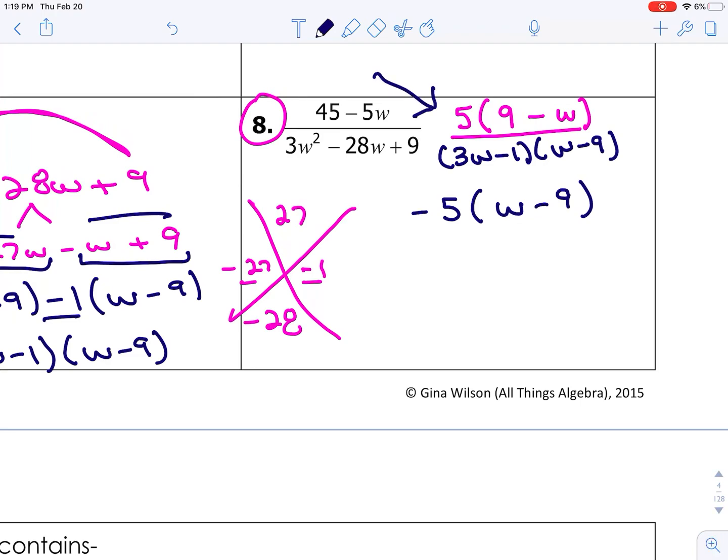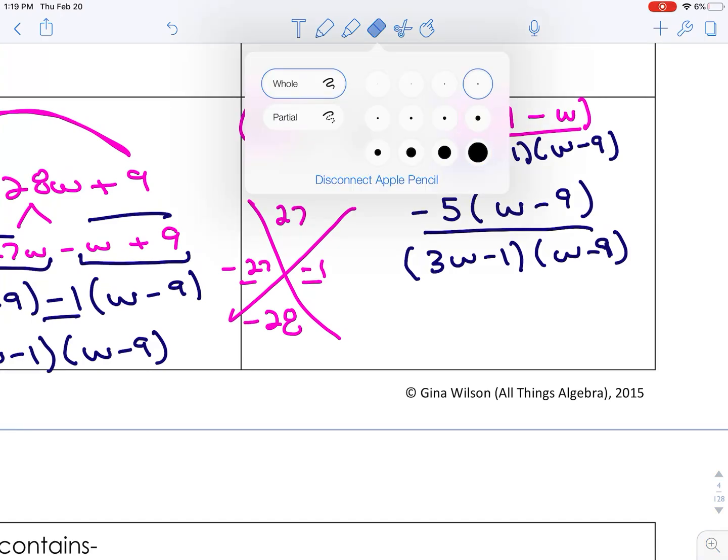Picture yourself foiling or distributing this to 45 minus 5w. Well, this would also give me 45 minus 5w, or negative 5w plus 45, same thing. And that's going to be over 3w minus 1, w minus 9. So now we've factored everything, and now we have to simplify and cross out binomial factors.